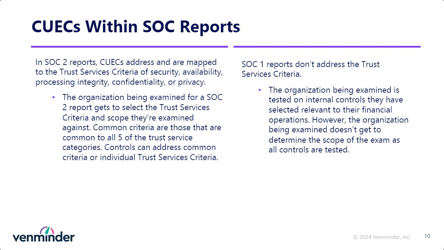The organization being examined for a SOC 2 report gets to select the trust service criteria and a scope that they're examined against. So common criteria are those that are common to all 5 of the trust service categories. Controls can address common criteria or individual trust service criteria. So having an understanding of those 5 trust service criteria is going to be important to kind of see how those CUEs map back to them.